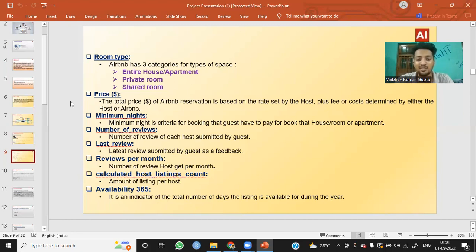Last review is the latest review submitted by a guest as feedback. And reviews per month is the number of reviews a host gets per month. Calculated host listing count is the number of listings per host. Availability_365 is an indicator of the total number of days when the listing is available during the whole year.